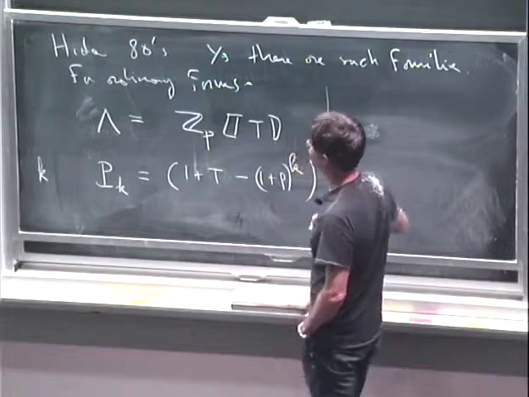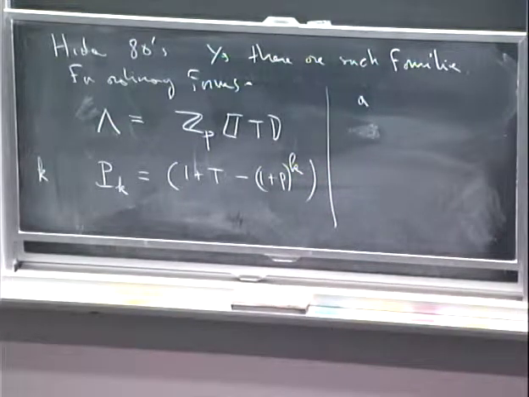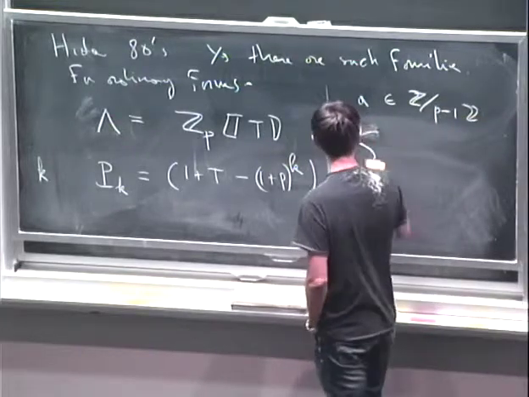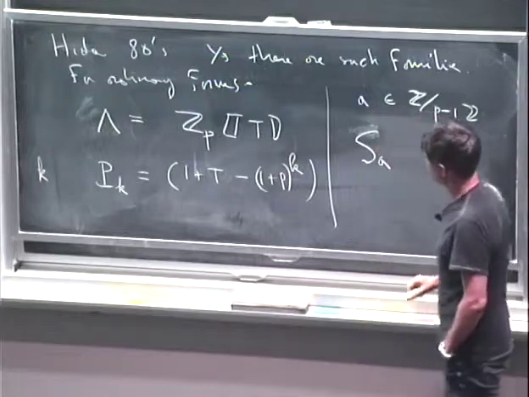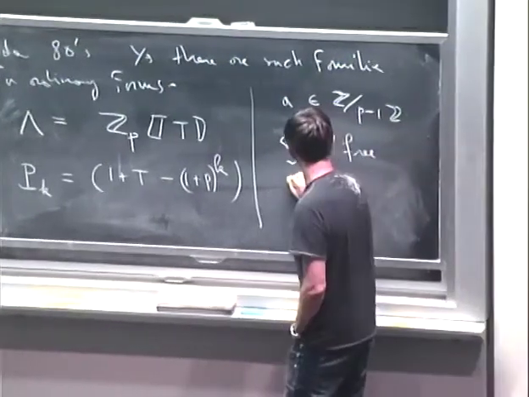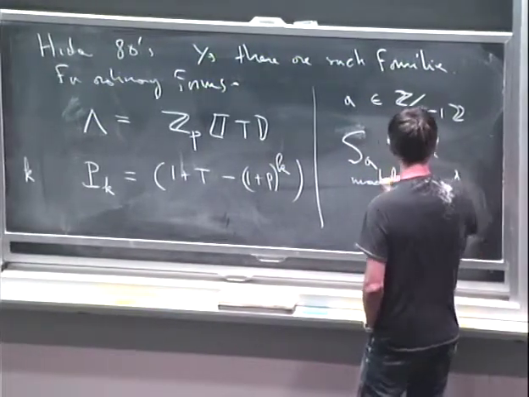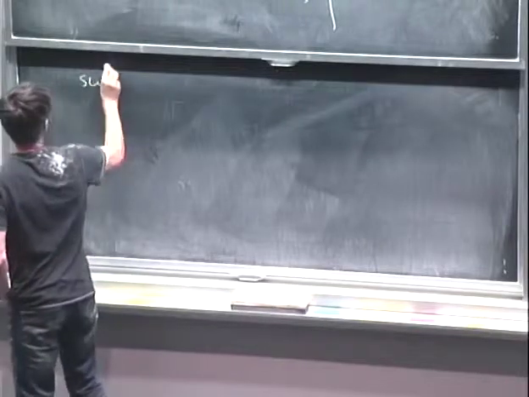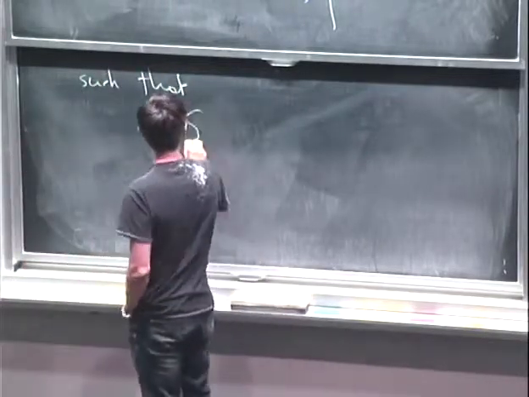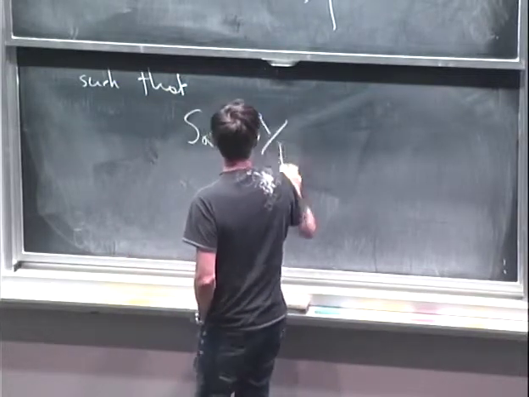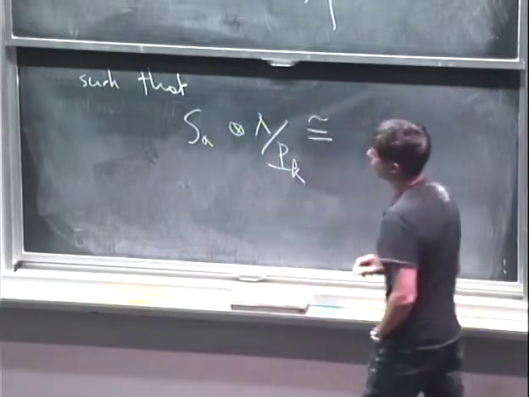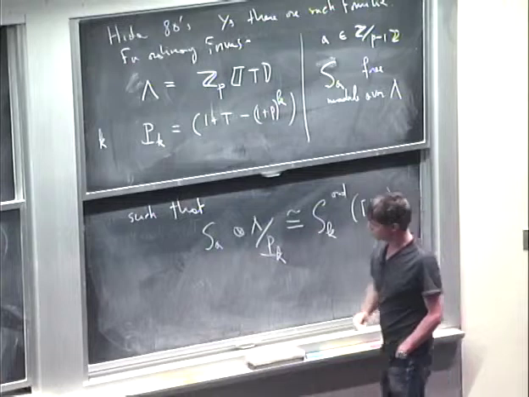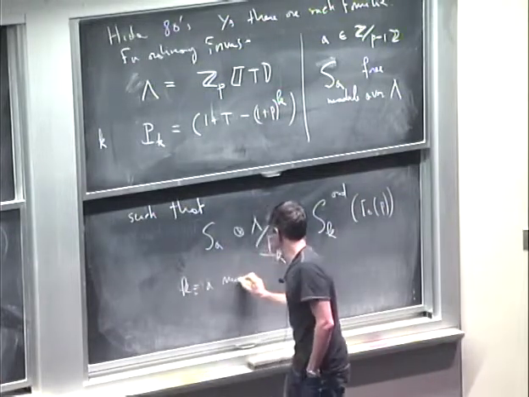So Hida showed that for any residue class A modulo p minus 1, there is a space S_A, which is a free module over lambda, and such that S_A modulo P_k is actually isomorphic to the space S_k^ord of Gamma_0(p), if k is congruent to A mod p minus 1.